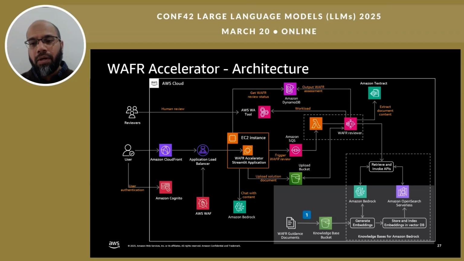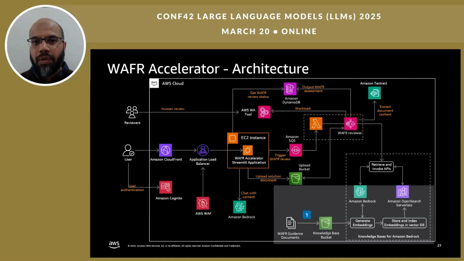The embeddings are created and stored in Amazon OpenSearch Serverless, which acts as the vector database. This is done as part of the CDK deployment itself.